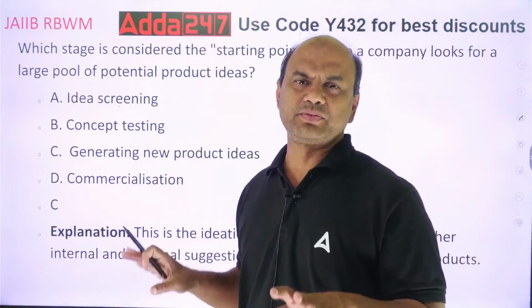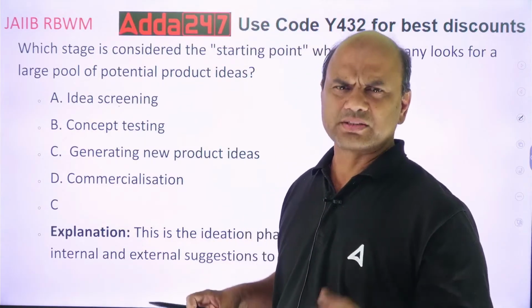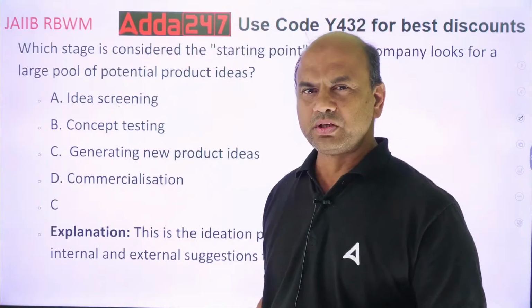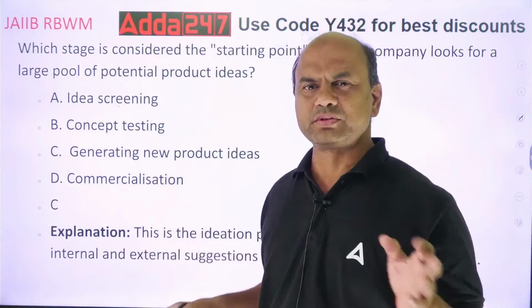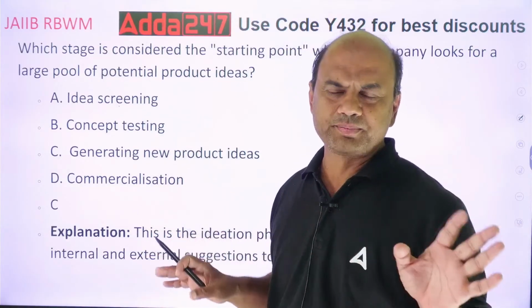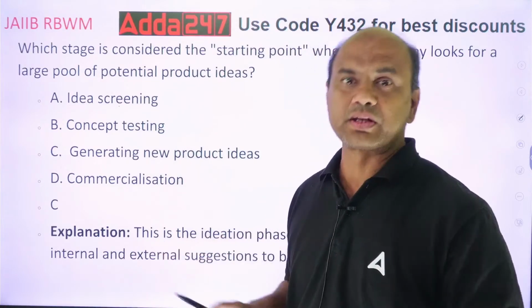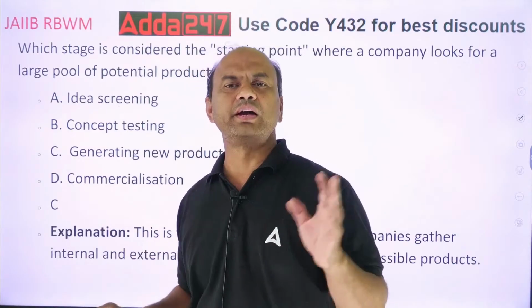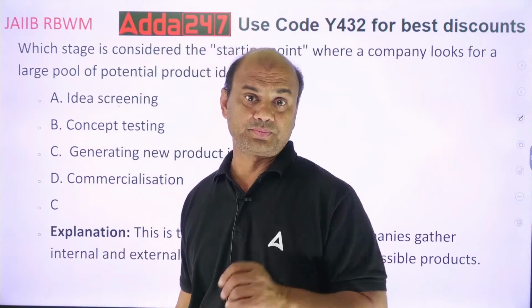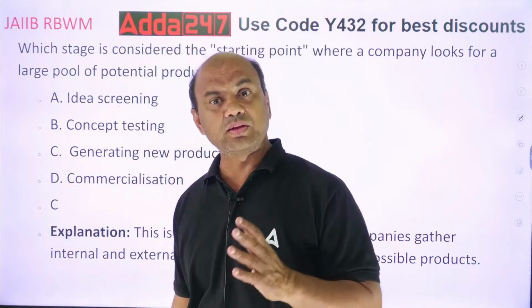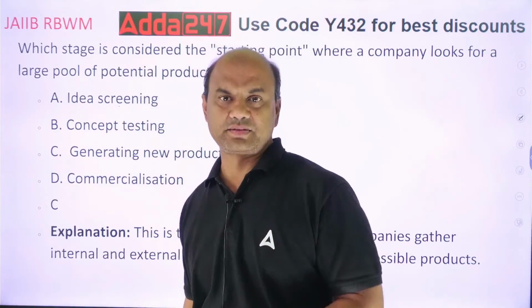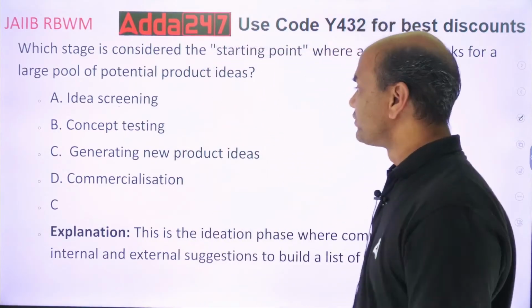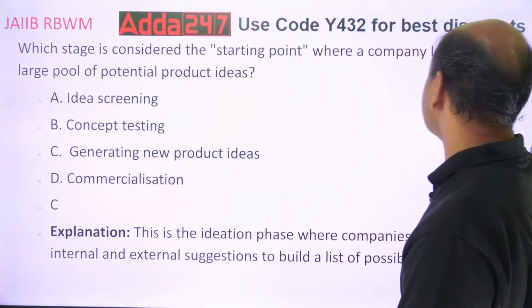Here you dump all your ideas, whether it's right, wrong, whether it will work or not. Don't think. Just write down all the ideas. Once you write them down, then the filtration is done. So the first stage is always generating new product ideas.